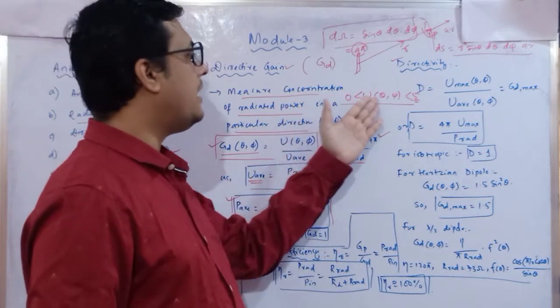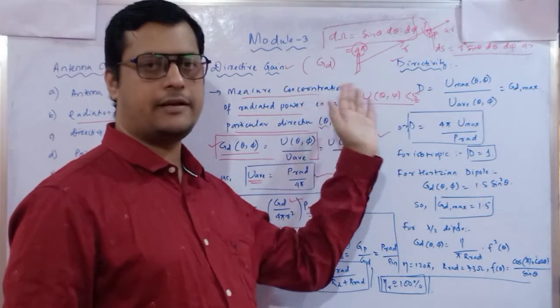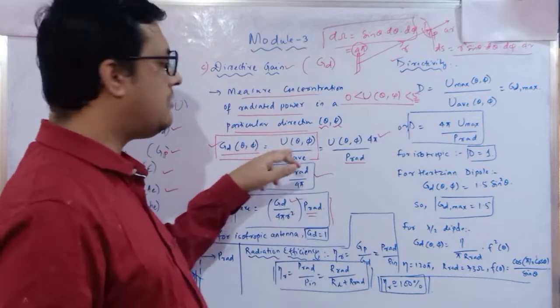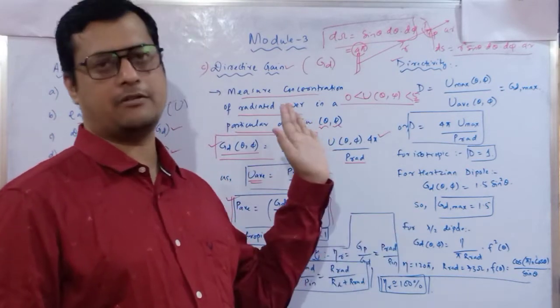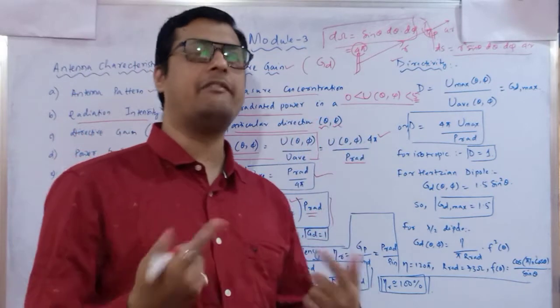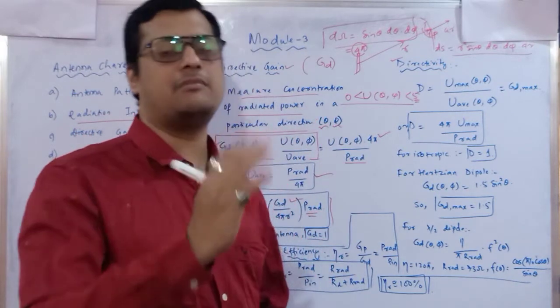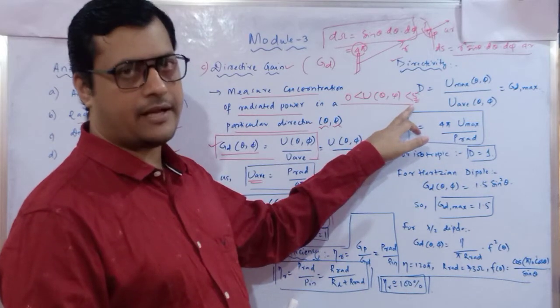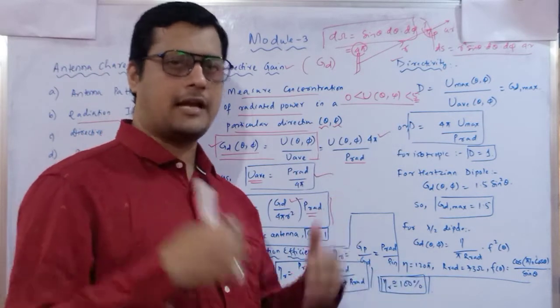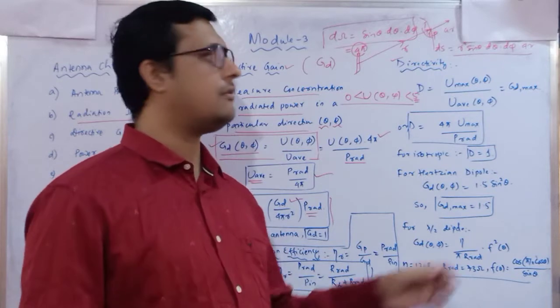So if U of theta comma phi varies from 0 to 5, if you substitute here and take the iteration, you will get some value of the directive gain. But directivity means you have to take the maximum radiation intensity. In this case, the maximum radiation intensity is 5. The average value you have calculated; divide these two and you will get your directivity.